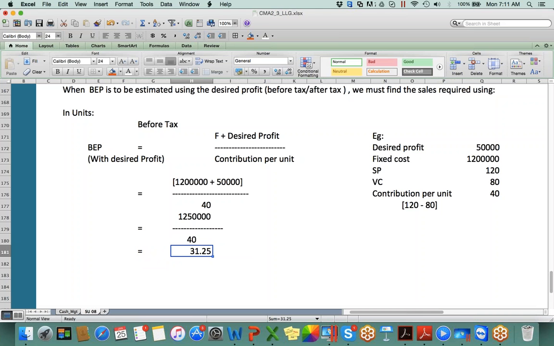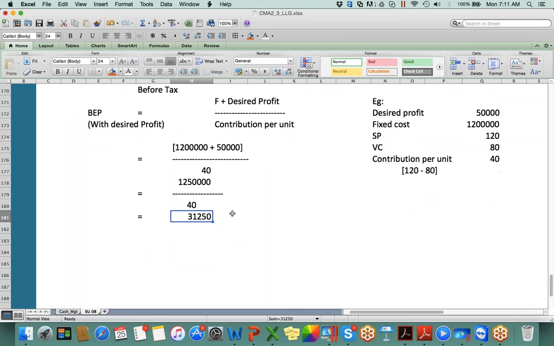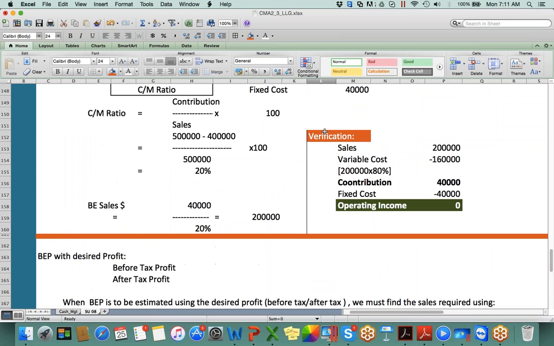Not 40,000, it is 40. 31,250 units. If you sell 31,250 units, you will be enjoying the profit.